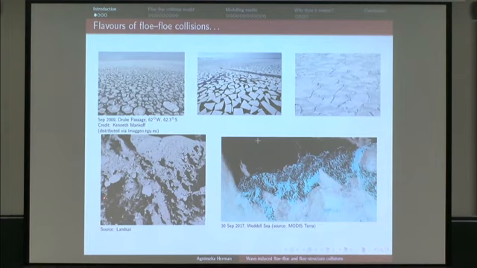What is also interesting is formation of patterns of ice floes on the sea surface, in which we assume that waves play some role. We don't really fully understand how those patterns emerge and how they are formed. Some of them can be reproduced with the model that I'm using, some others not really.